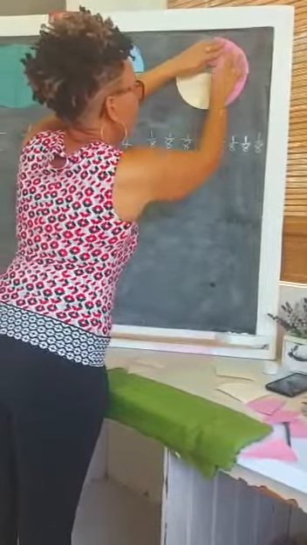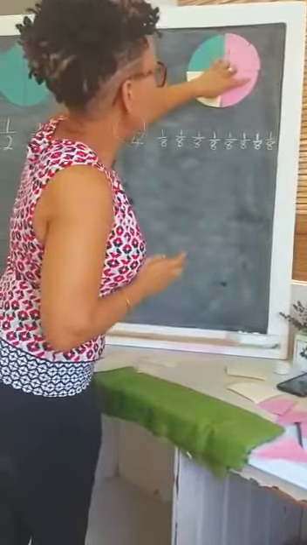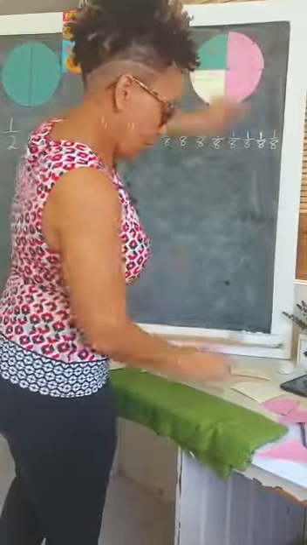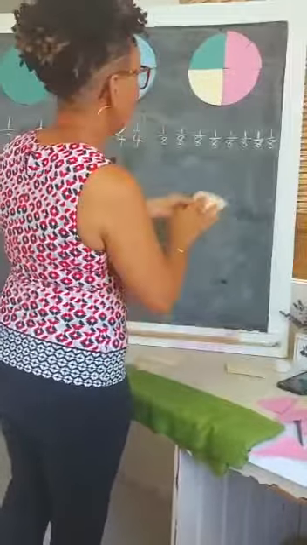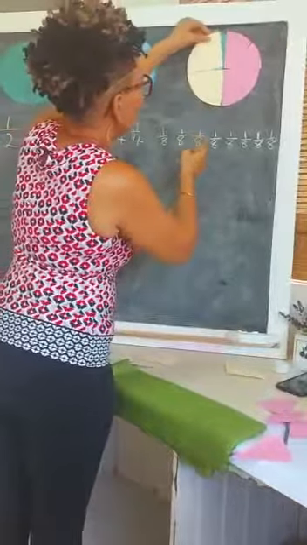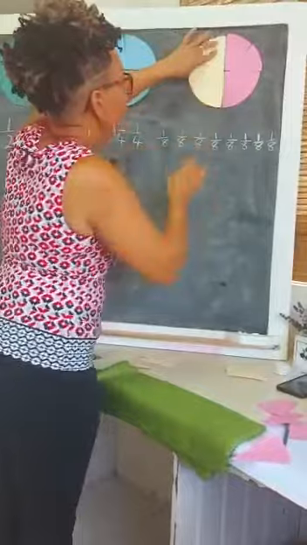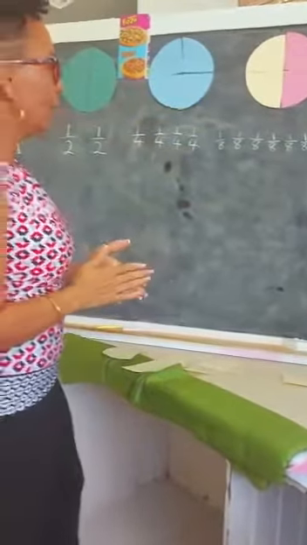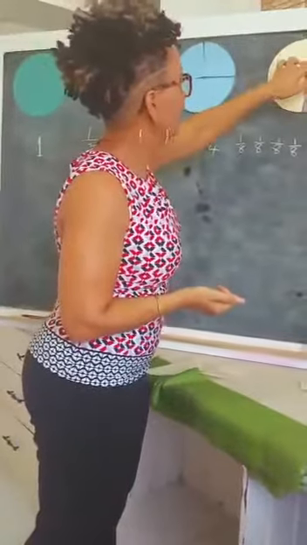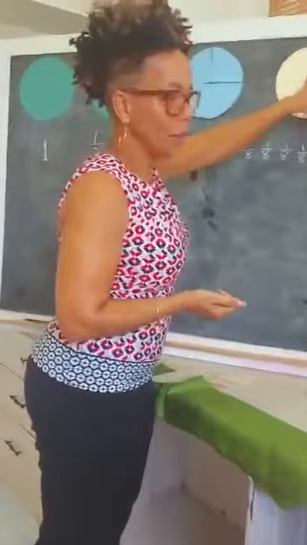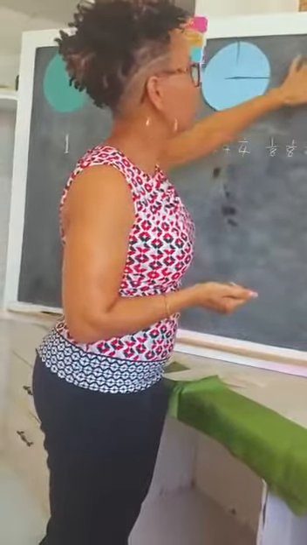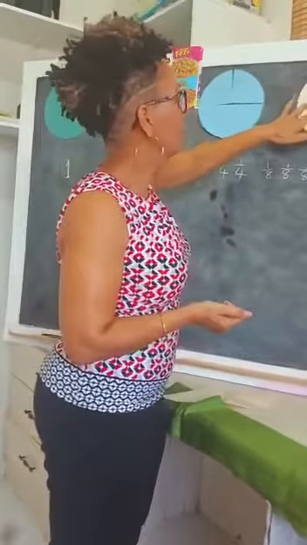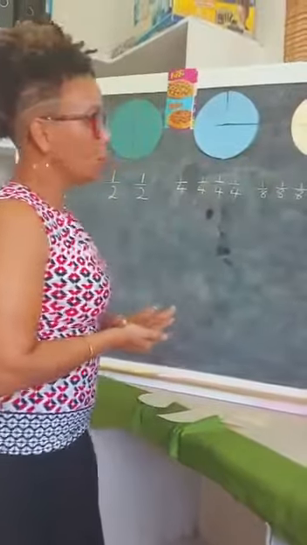So if I was to put 2 more 1/8 here, so now I have 4 1/8. And we see that these 4 1/8 are the same as our 2 1/4. So here again, we can say that 4 1/8 are equivalent to 2 1/4.